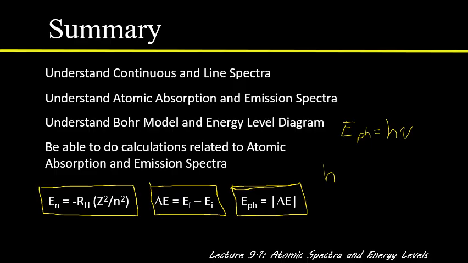Planck's constant, of course, is 6.63 times 10 to the negative 34 joules times seconds. And remember also, if you're trying to get to the wavelength, the speed of light is wavelength times frequency. All right. And with those equations, you should be able to work your way through any of these atomic transition calculations.